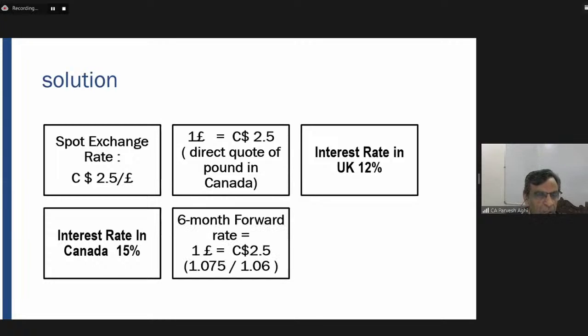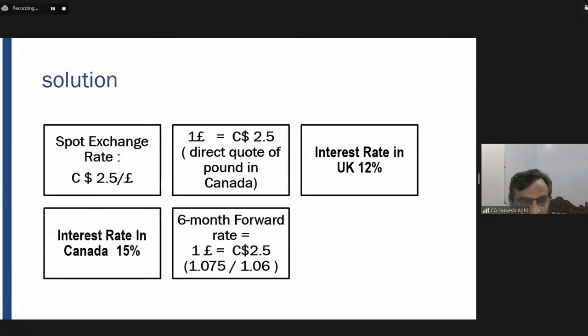Now, if you have to calculate the 6 months forward rate, we'll use a formula. If you remember, the forward rate is equal to the spot rate multiplied by the home currency interest rate divided by the foreign currency rate. So 1 pound is equal to 2.5 Canadian dollars multiplied by 1.075, because the interest rate in Canada is 15% and in UK it is 12%.